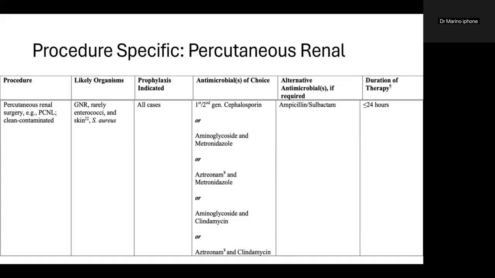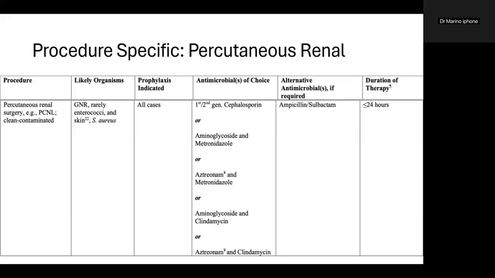Because the frequency of infection is also related to the length of the procedure, the interplay between the length of the procedure and the amount of pressure in the collecting system is evolving, so it is a changing field where we have more and more high risk procedures done by ureteroscopy that used to be done only by percutaneous nephrolithotomy.